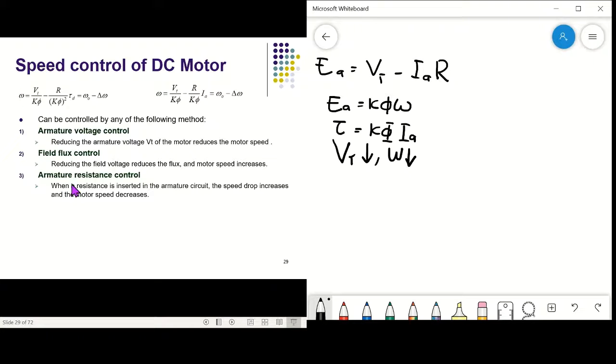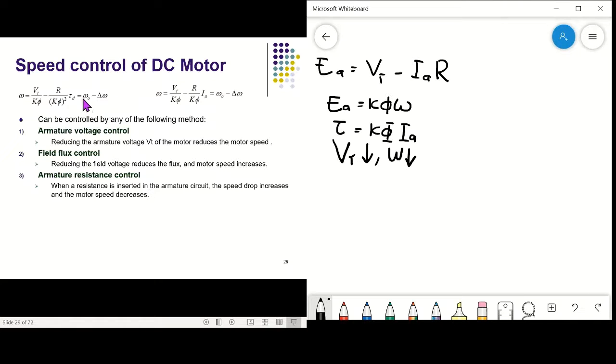So the third one is armature resistance control. When a resistance is inserted in the armature circuit, means that kita connect in series, the speed drop increases and the motor speed decreases. Faham tak kat sini? So the speed drop apa dia? Speed drop adalah delta omega.